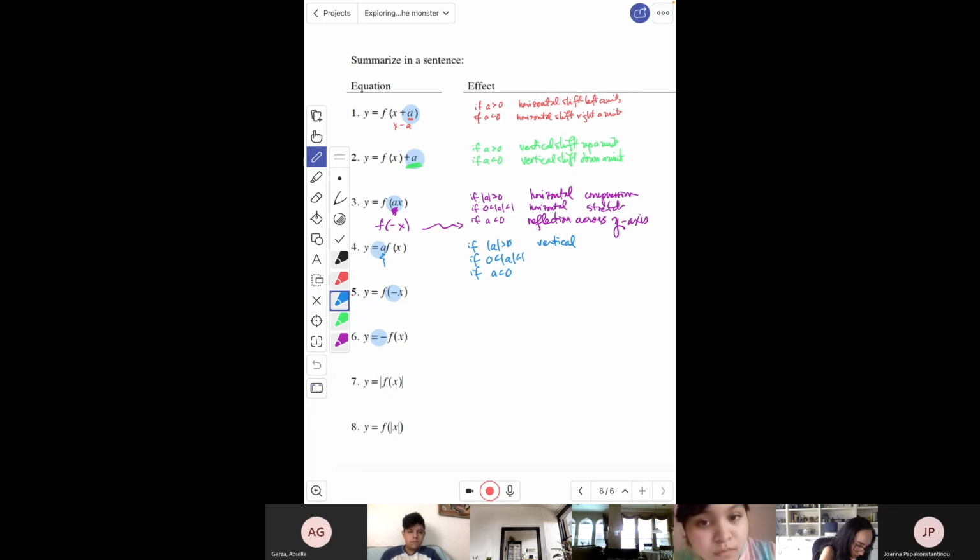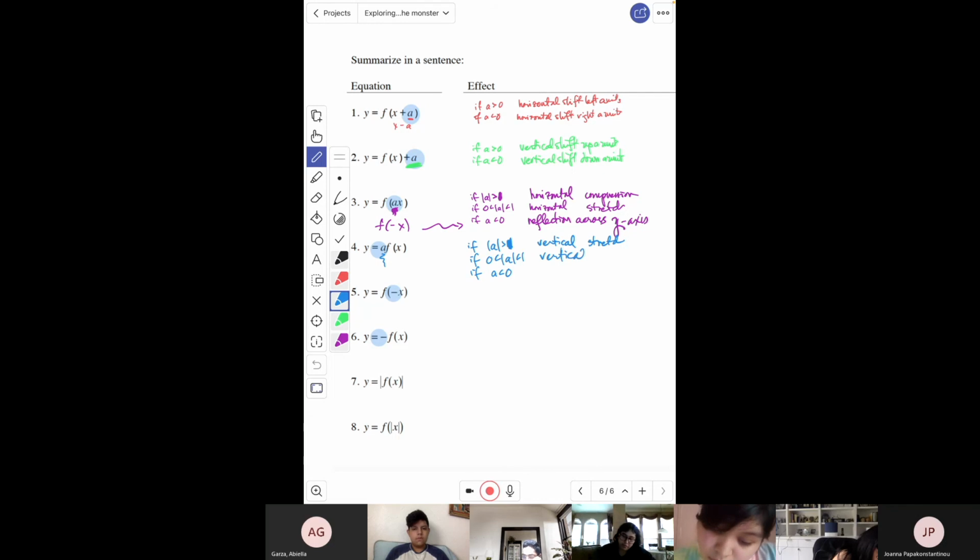I should say greater than 1. Vertical stretch. And let me change this to 1, 2, because that's kind of confusing. Vertical stretch. Okay, what about if it's a fraction? It's a vertical shrink or compression.